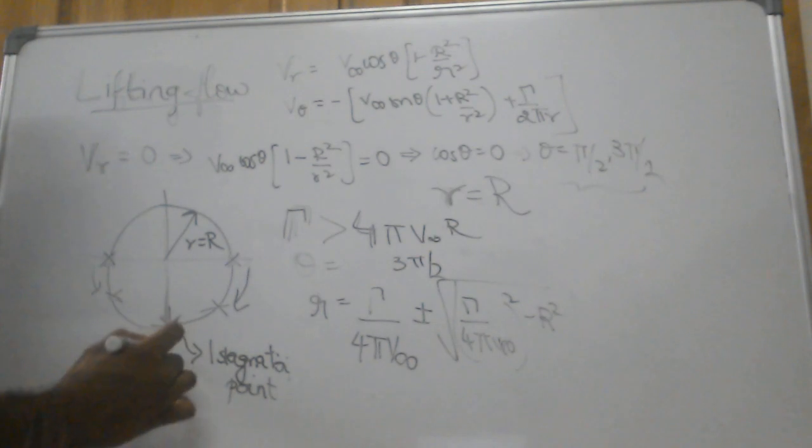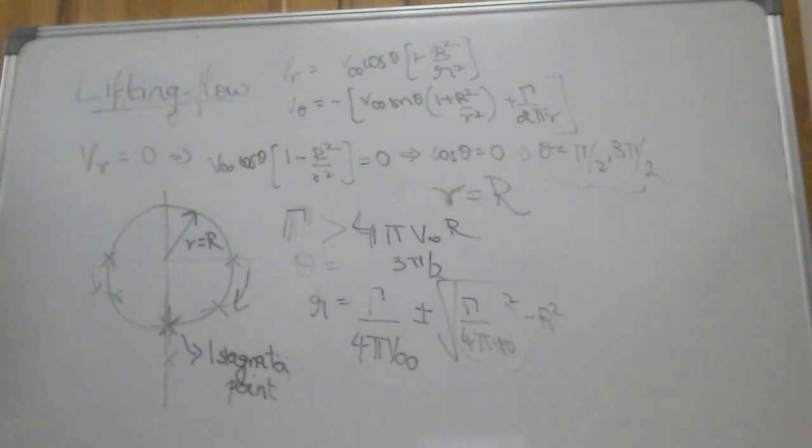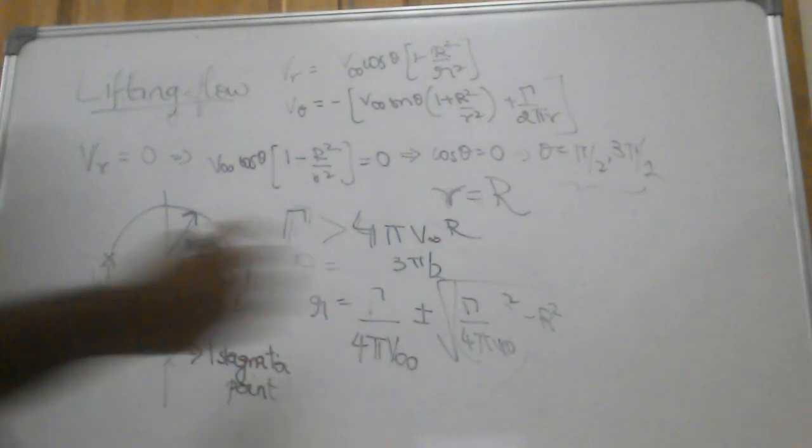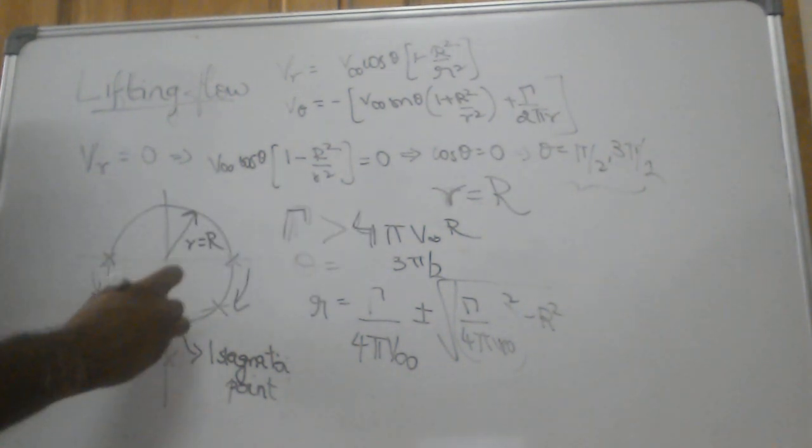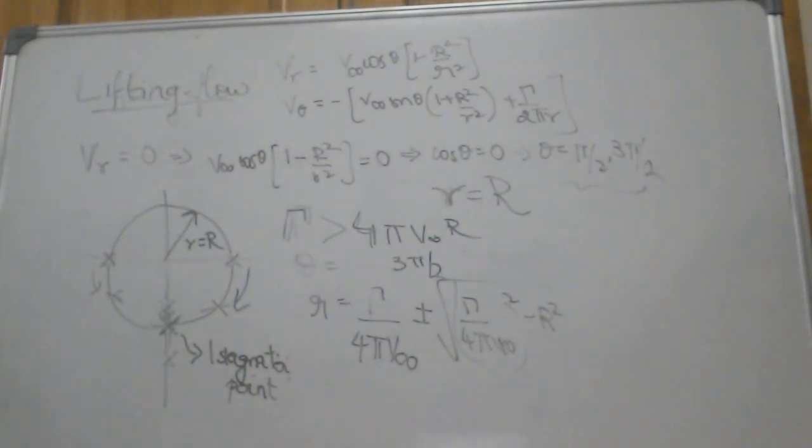One stagnation point will lie outside the cylinder, which corresponds to the positive square root, and the other stagnation point corresponding to the negative square root would lie inside the cylinder. So the stagnation points now have shifted out of the surface of the cylinder.